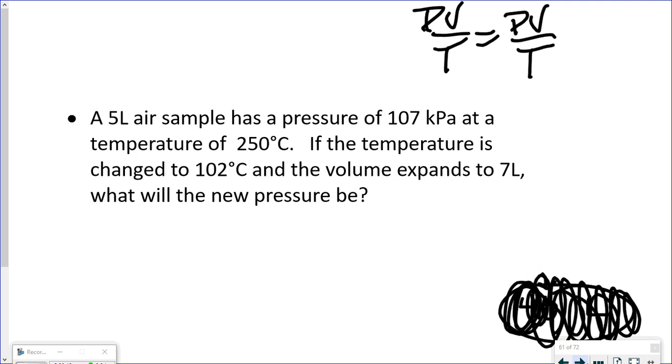So the 5 liters, 107 kPa, and the temperature of 250 are all the same sample of air. So our beginning pressure is 107. Beginning volume is 5 liters. Beginning temperature is 250 degrees Celsius, so add 273. That is 523 Kelvin.